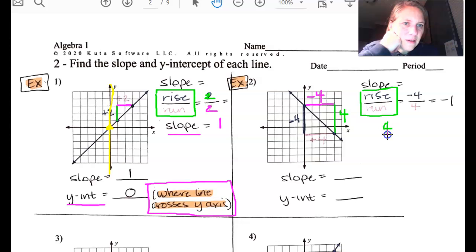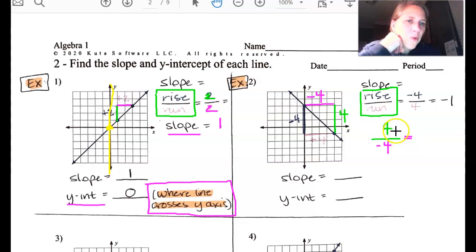I'm just going to write it down here. And the run is -4, because we went to the left this time. So we rose 4, so it's +4. We went 4 to the left that time, but we ended up in the same place.